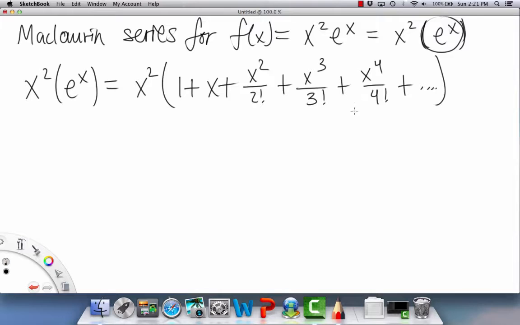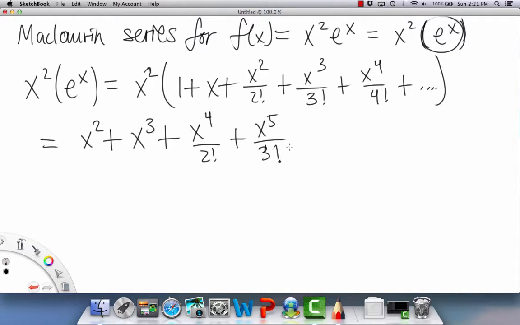What we can do here is just distribute the x squared into each of these terms. So this is going to be x squared plus x cubed plus x to the fourth over 2 factorial plus x to the fifth over 3 factorial plus x to the sixth over 4 factorial, and so on and so forth.